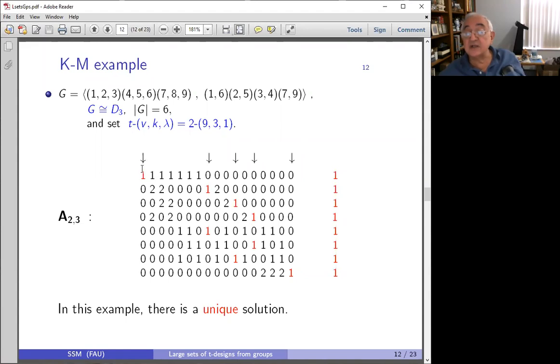Well, there is the solution I have indicated by the column arrows, and it turns out there's only one solution in this very specific example. You can see the red ones, and if you add these columns, you get the all-ones vector. So there exists a 2-(9,3,1) design, and in fact, exactly one here.